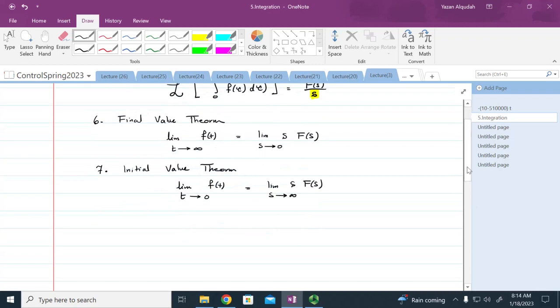Now, since we wrote these, I'm going to write the precaution that we always have to write when we talk about the final value theorem and the initial value theorem. What is it? The functions are continuous, if the limit exists.